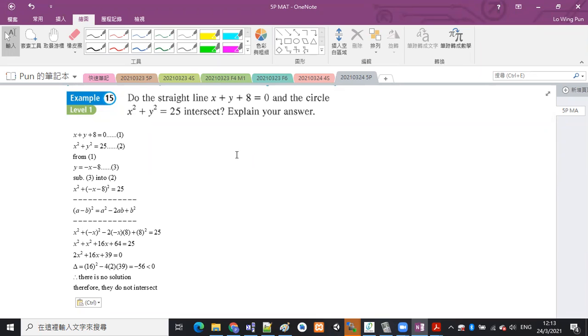And then substitute into the equation with square terms. And then you will get a simple quadratic equation. And you just use the formula 1 to help you get the answer. If you can get the answer, then that is good. But if you get the math error, you should calculate the delta to show that it is less than 0. And then write down the conclusion.